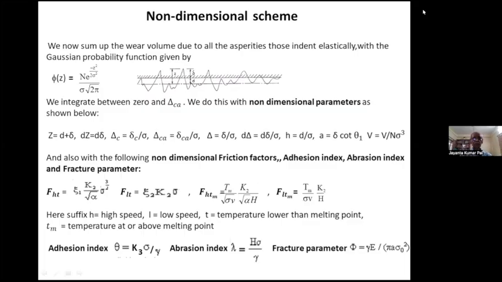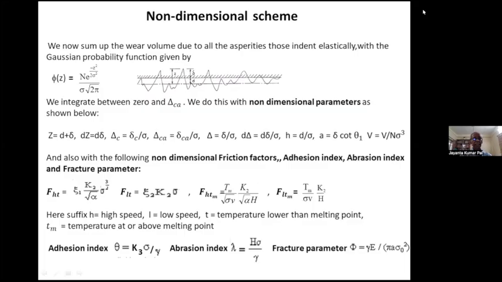We also used a number of non-dimensional factors for simplifying the mathematical formulation, where we use 4 friction factors: capital F HT, capital F LT, capital F HTM, capital F LTM.